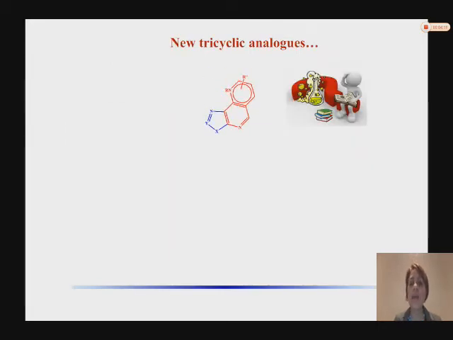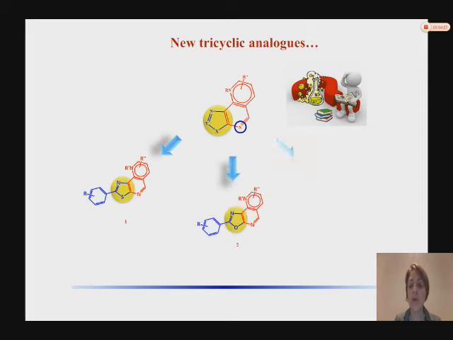Carrying on our studies, we synthesized new tricyclic analogues in order to explore the influence of the introduction of another nitrogen atom and also the annulation with a thiazole or an oxazole and triazole ring.